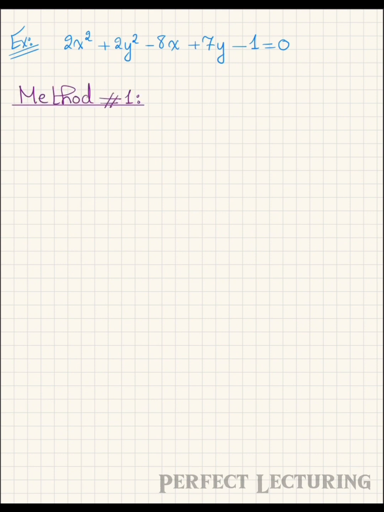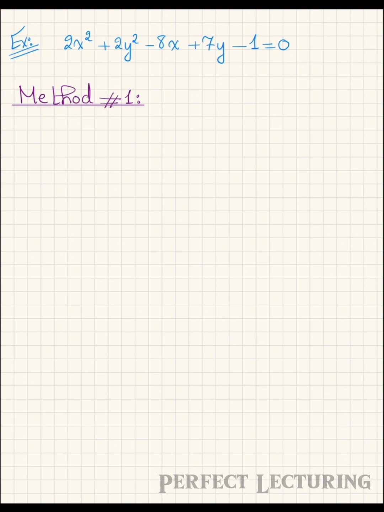So the first step is to make sure that the coefficients of x squared and y squared are 1, but they are not 1, they are 2, which means I have to divide the entire equation by 2. But someone might ask, is it always the case that the coefficients of x squared and y squared are the same?